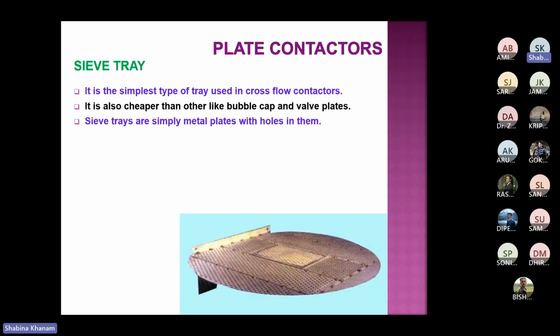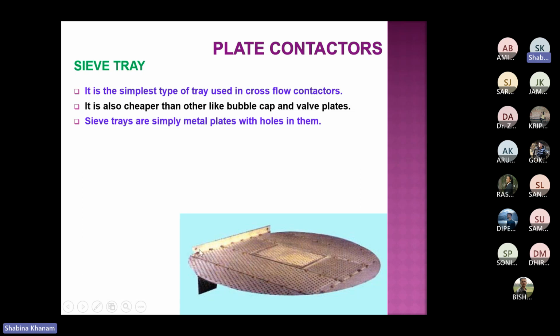Therefore, if you consider this particular section from here to here, this particular area we call the active area. However, removing the calming zone area, this is the calming zone, where the backing strip is available, that is calming zone. Where the ring is available at the inner periphery, that is calming zone, where holes are not available.